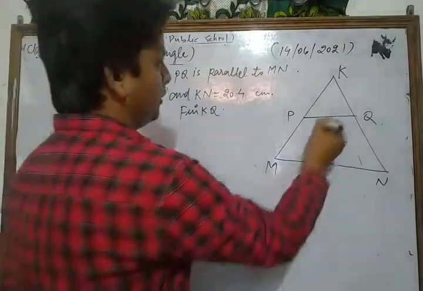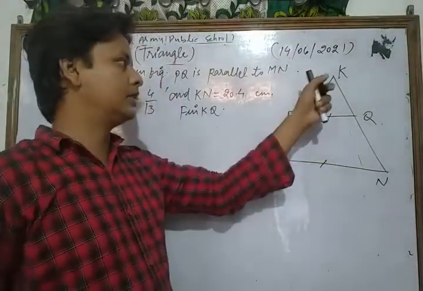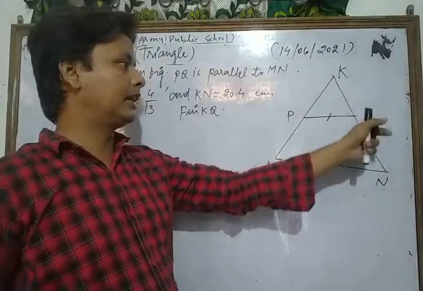Dear friend, here PQ is parallel to MN, then we apply the basic proportionality theorem, which gives KP upon PM and KQ upon QN.